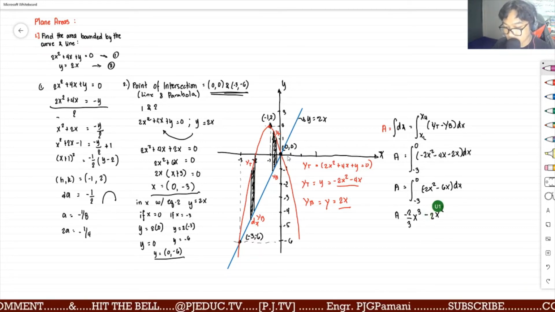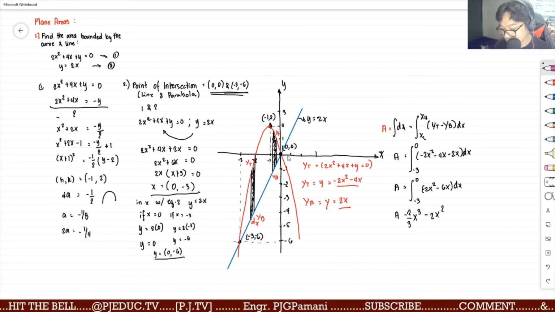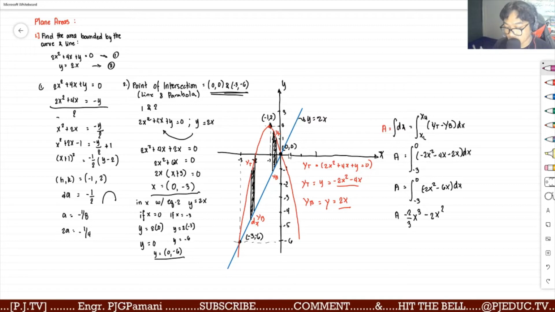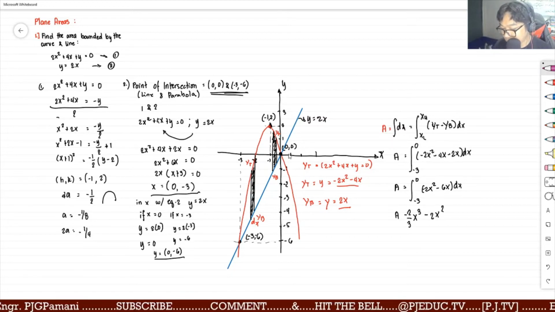Tama ba? Tama. 2x squared. That is our formula. Kaya na mag-apply 2x squared power formula, negative x cubed 2/3. Negative 2/3 x cubed minus negative 4.